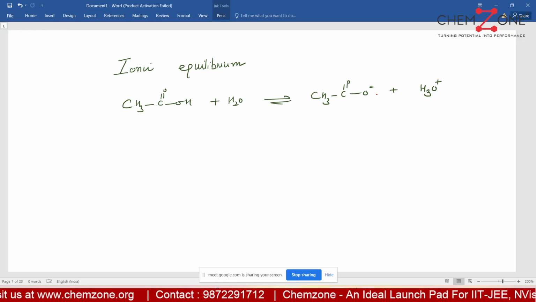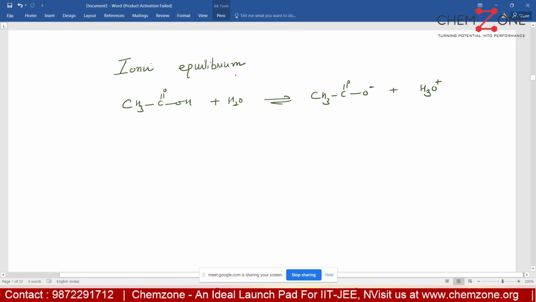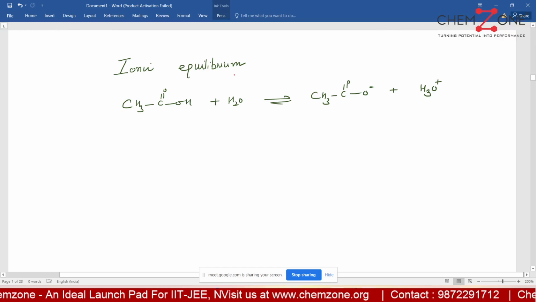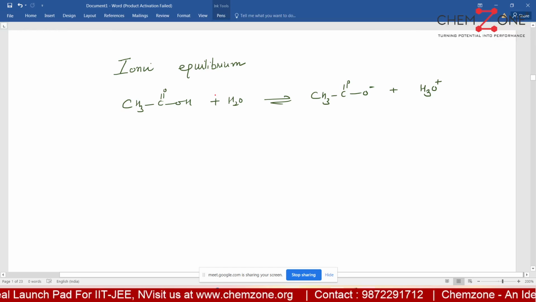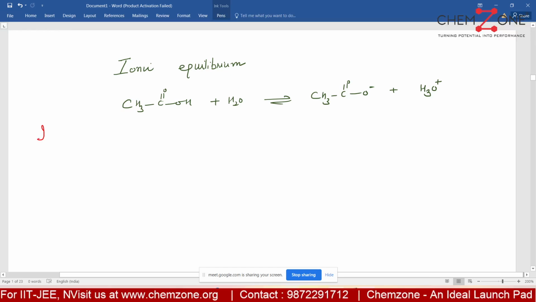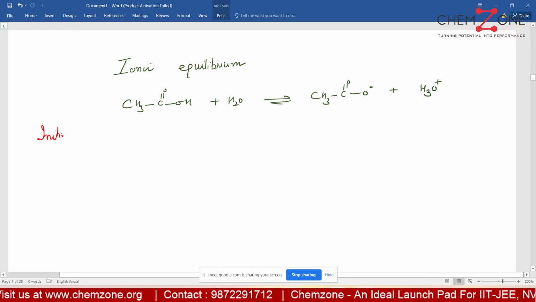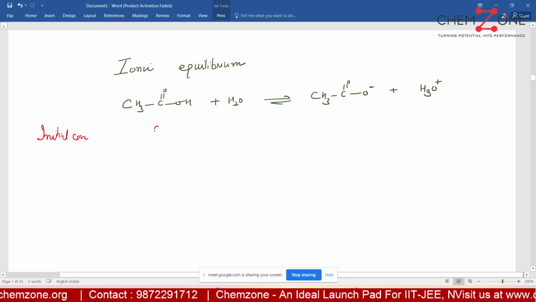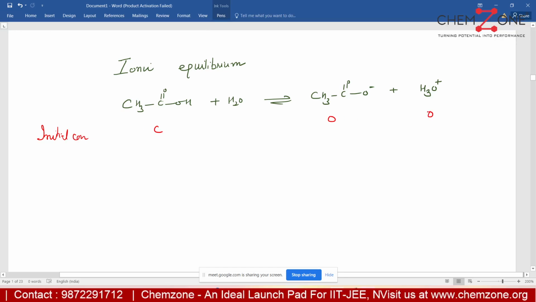What you're going to understand now is that there's an equilibrium between the undissociated molecules and its ions. We have an initial concentration C0.